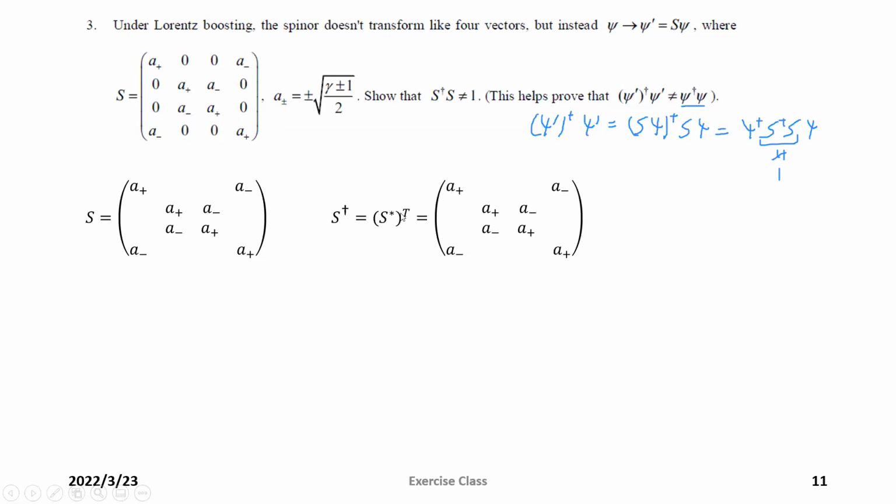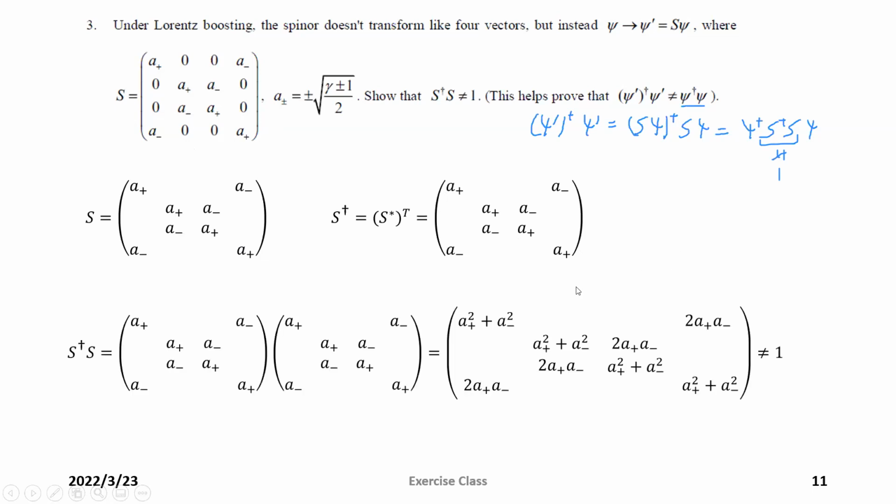And it's also symmetric, so S dagger is just equal to S. So we simply multiply them together, and you can already see that it obviously does not equal 1.